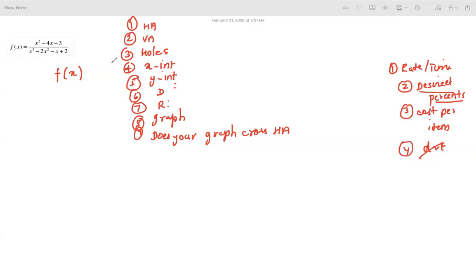In this one, does the graph cross the horizontal asymptote, Rishit? That you have not yet answered. If yes, what points?